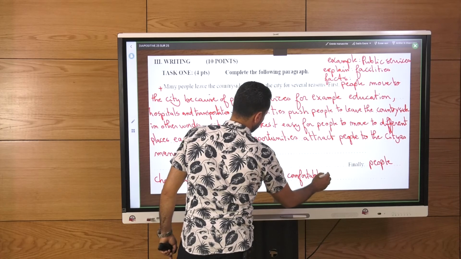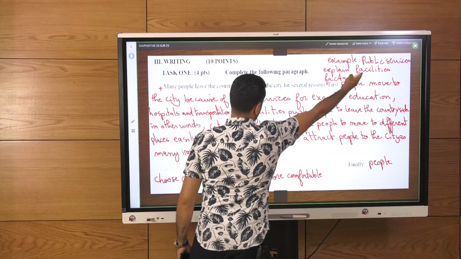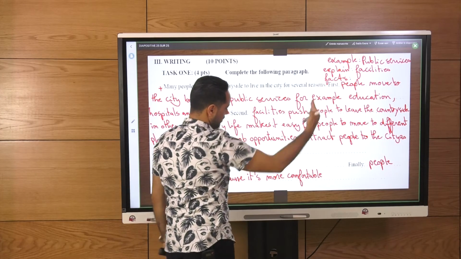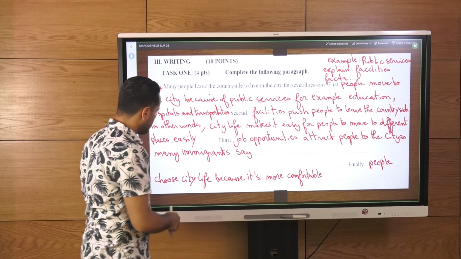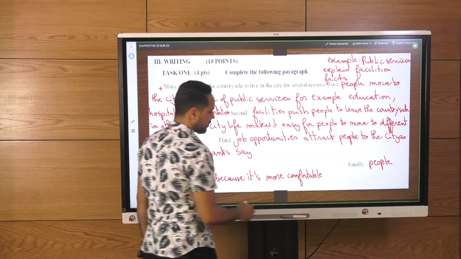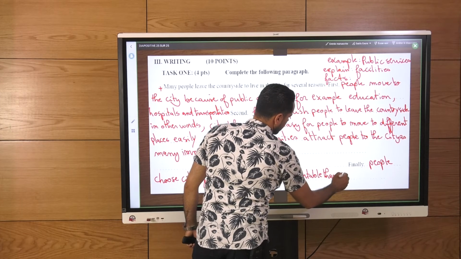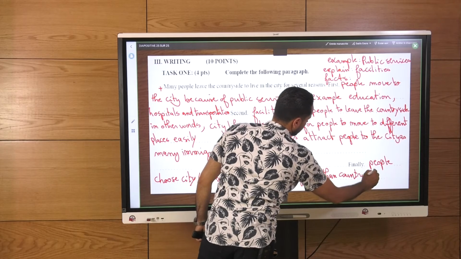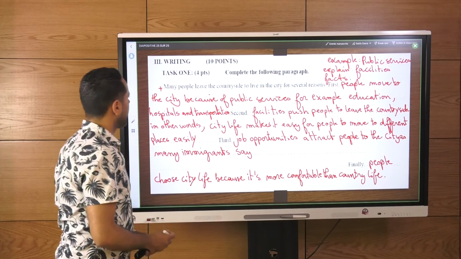And when I say comfortable, that means because there are public services, there are facilities and job opportunities. So this is what makes life comfortable. So people choose city life because it's more comfortable than country life. We say country life or countryside, that's okay.